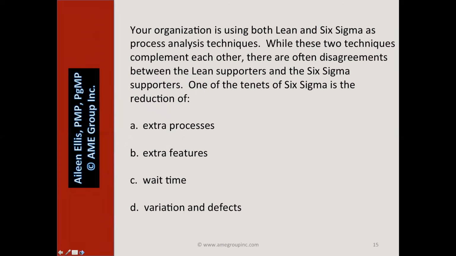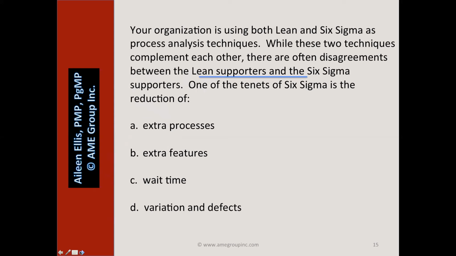Your organization is using both Lean and Six Sigma as process analysis techniques. While these two techniques complement each other, there are often disagreements between the Lean supporters and the Six Sigma supporters. One of the tenets of Six Sigma is the reduction of, pause the video, answer the question.